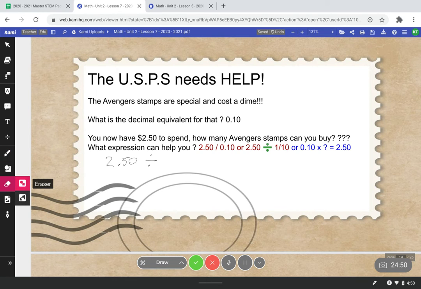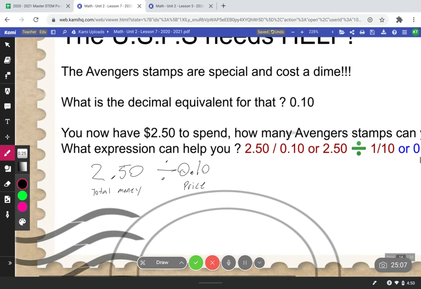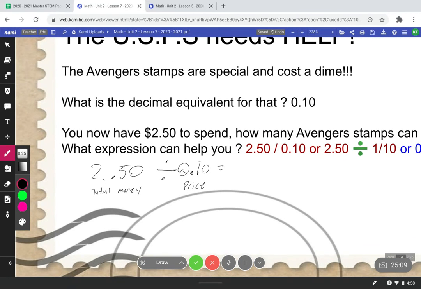I meant to make that a decimal. My bad. Because it's 1/10. Excuse me. Because that's the price. 1/10 is the price. And $2.50 is the total money I have. So how many stickers?